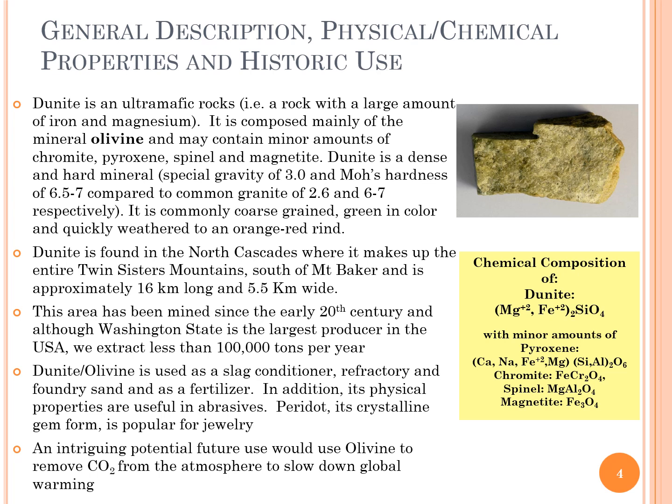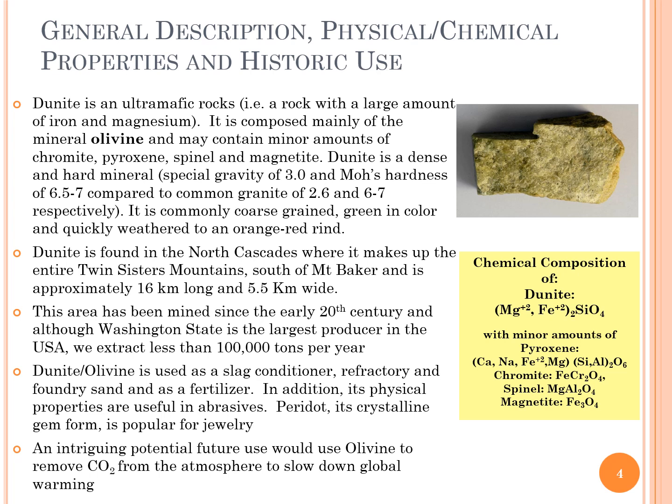It's been mined since the early 20th century, but it's never been a large producer of stone, less than 100,000 tons per year. Its specialty use as a slag conditioner, refractory, or foundry sand, and as a fertilizer makes it particularly targeted to the industrial sector.